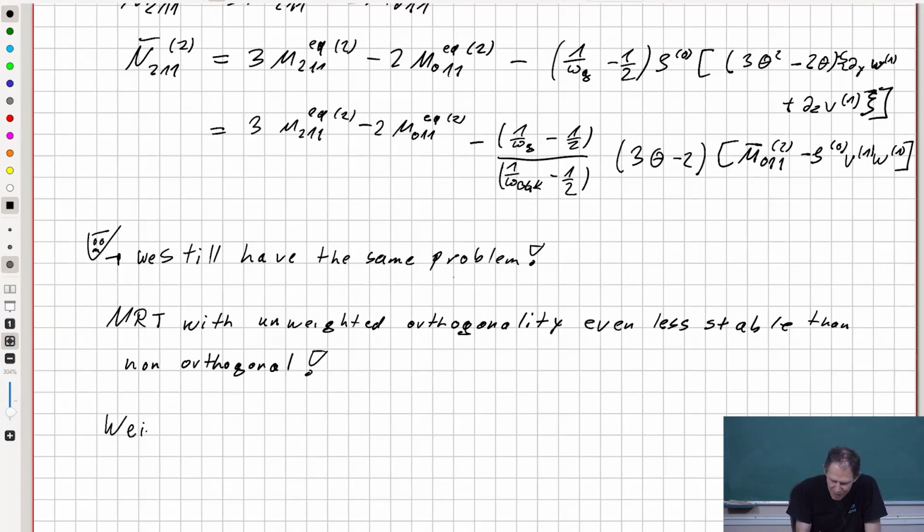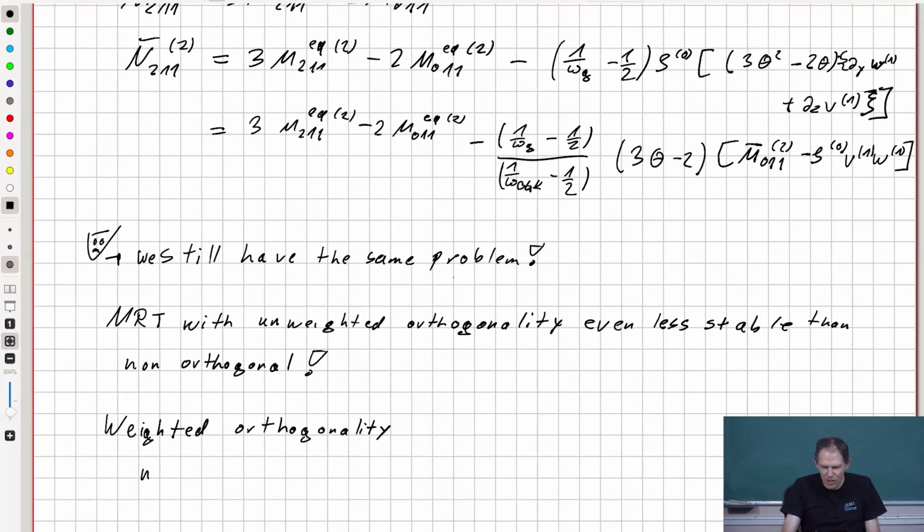And because we have now called the thing unweighted orthogonality, this can only mean that there is also weighted orthogonality. So, and now I let something drop from heaven.